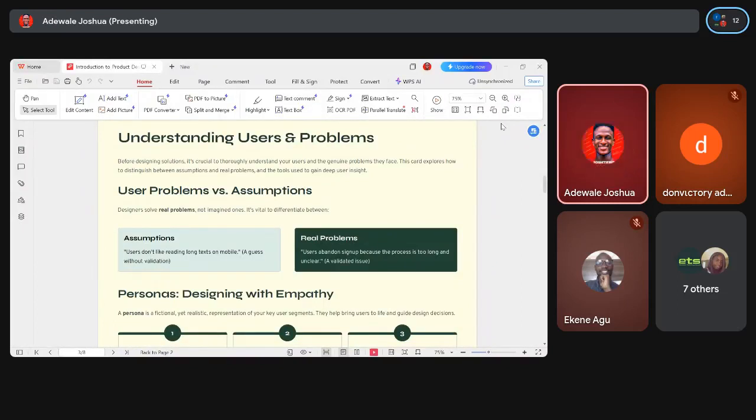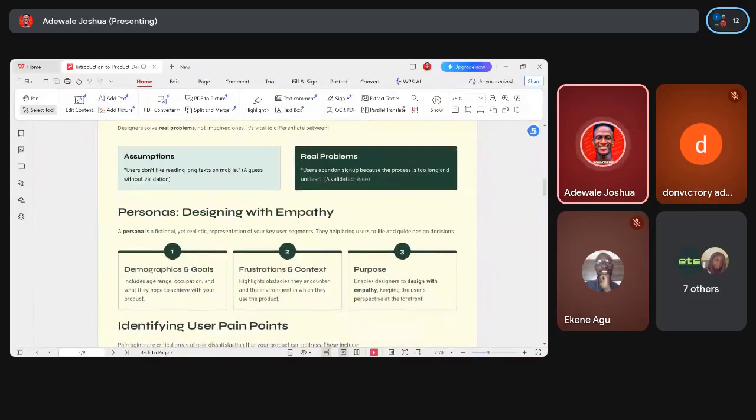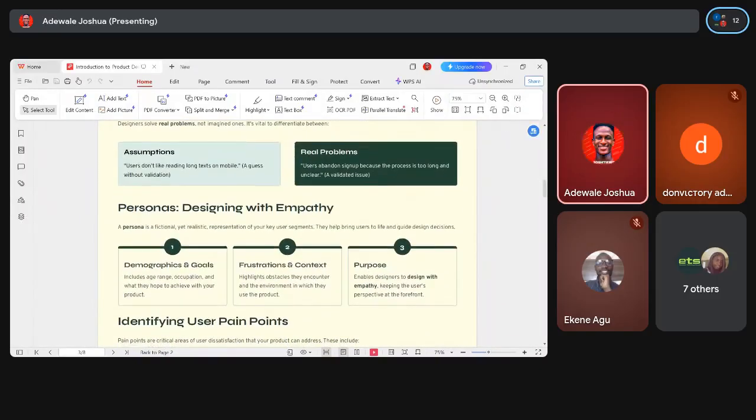There are times that my users don't have time for all of that. They just want to jump on it and see what works. So you should not design from assumptions. You should design from thorough research that you've made over time. And that's what we call a real problem, and you're finding real solutions to it.